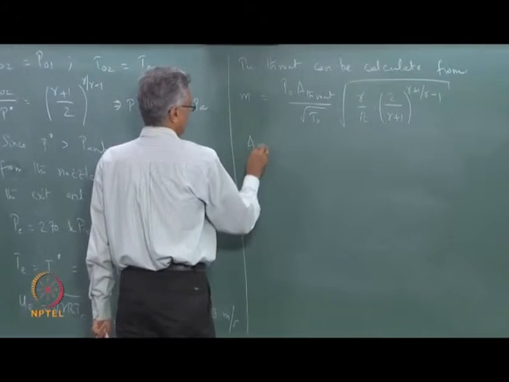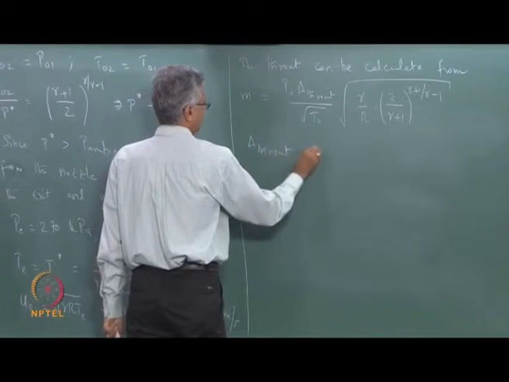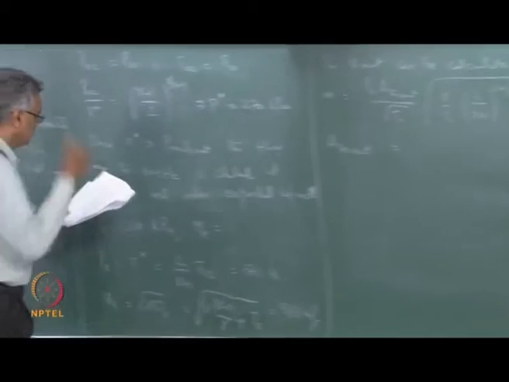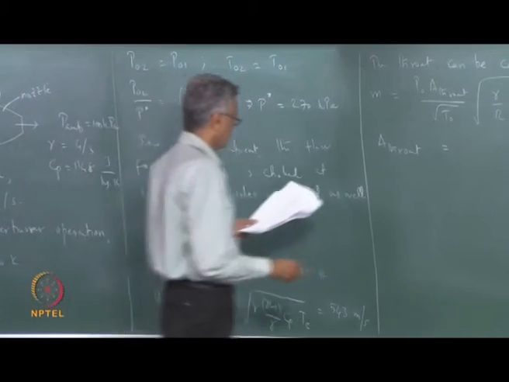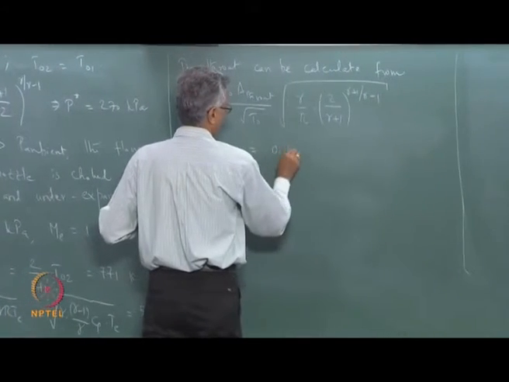So, therefore, A throat when the afterburner is not in operation, if you substitute the numbers, comes out to be 0.1359 meter square.